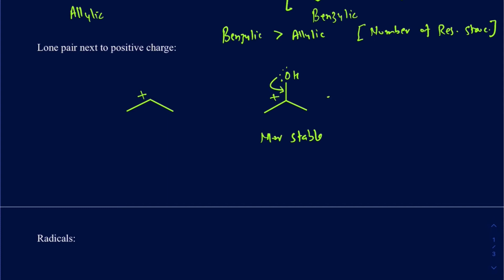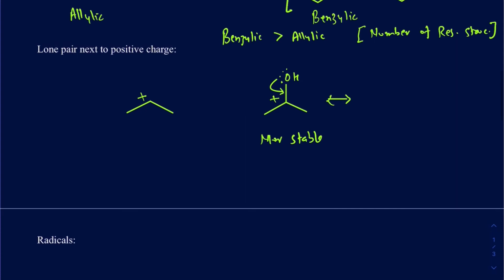So that goes back to resonance structures, but just not having the pi bond involved; rather, you've got this lone pair being involved in the resonance structure in this particular case. So you can have a resonance structure here, and that's what makes it more stable. That's another thing you're going to be looking into.